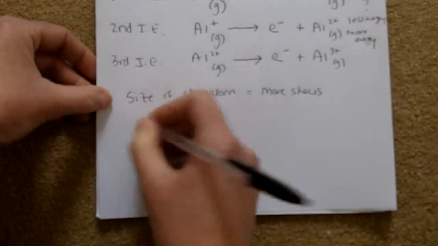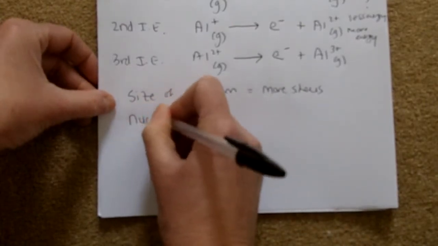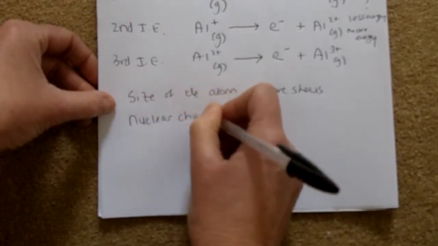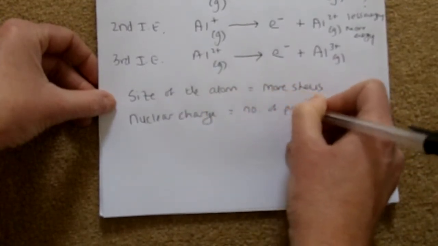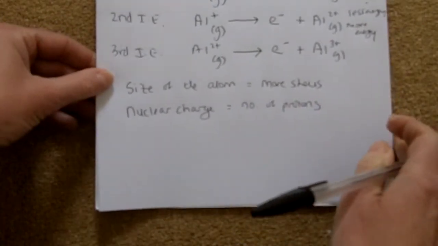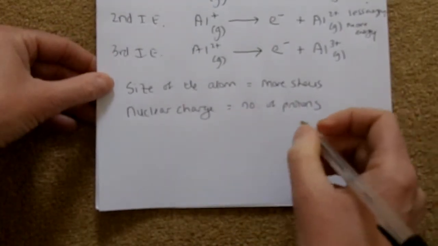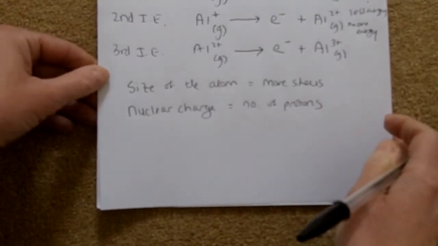Another thing that affects the ionization energy is the nuclear charge, which quite simply means the number of protons. If there are more protons, there's going to be more attraction with the electrons.